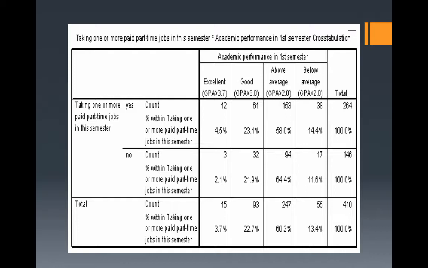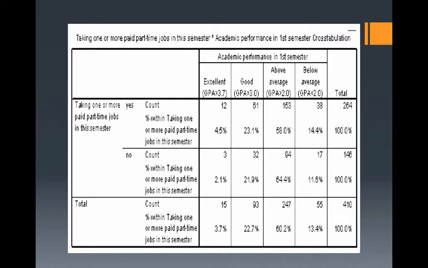Underneath it, you'll see there's a percentage, and that percentage is important. You have 58%, equaling 153, that is above average, and you have 94, which was 64.4% that were above average.